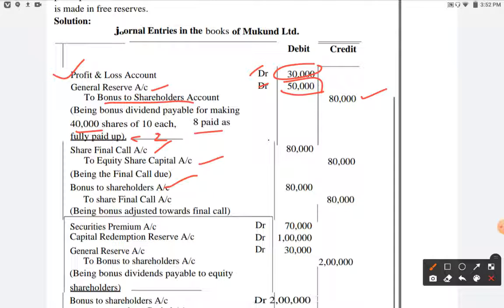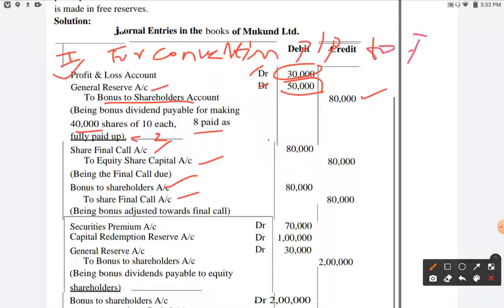Bonus to shareholders account debit to share final call. These are the general entries for conversion of partly paid to fully paid. Next two general entries is for issue of bonus shares.